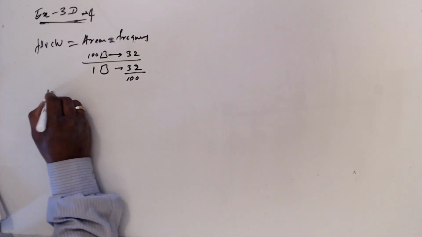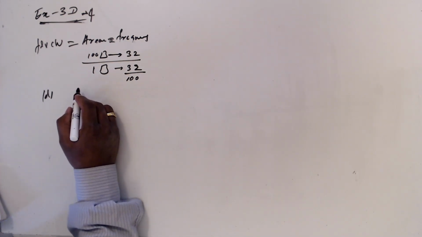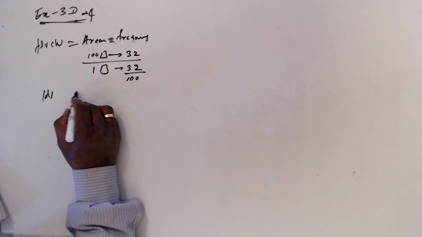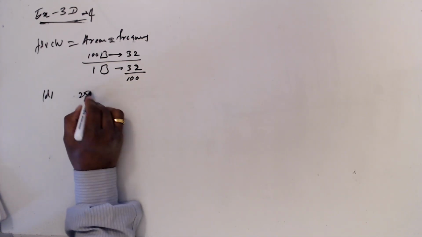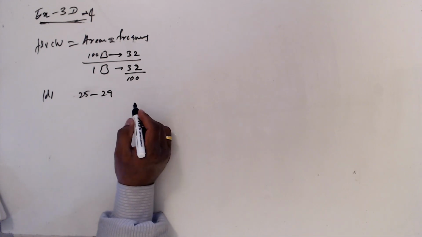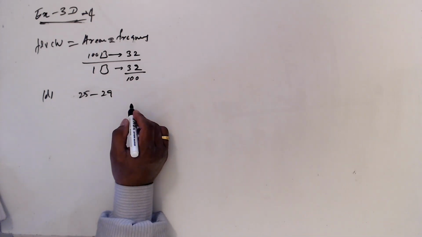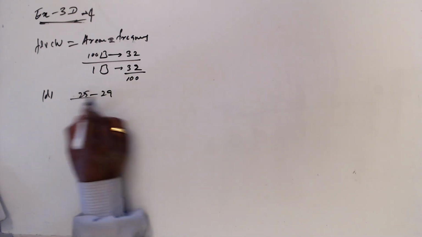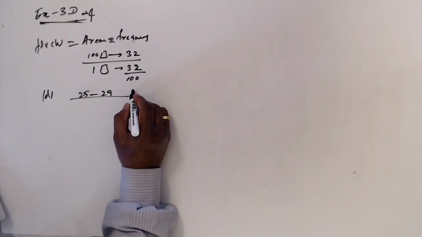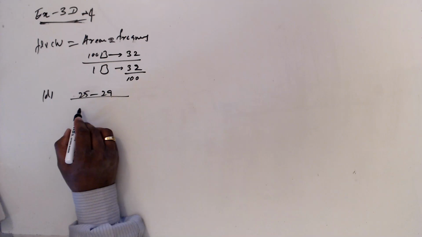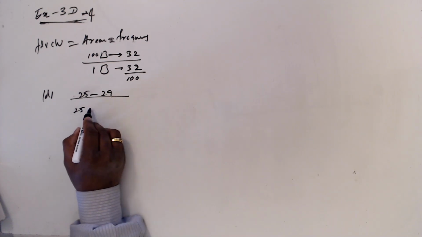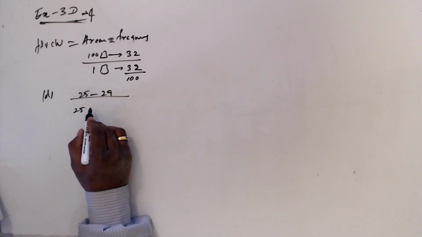So part D, we want to calculate the number of lambs in between 25 to 29. First of all, we count the boxes from 25 to 26.